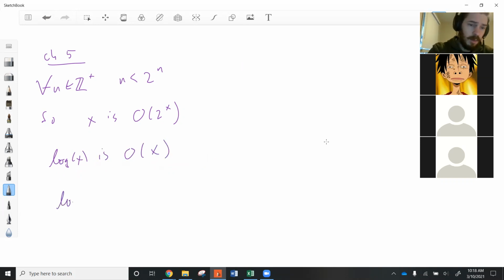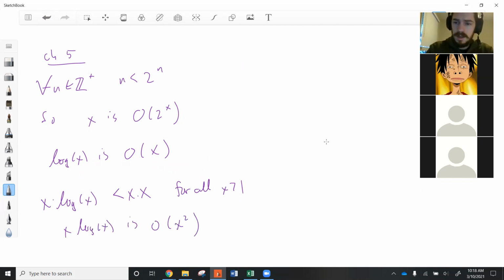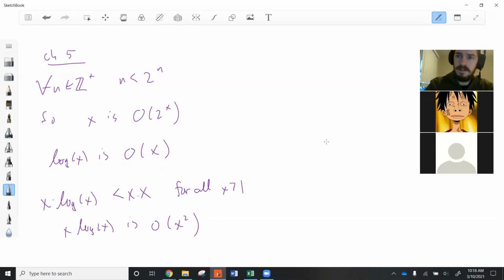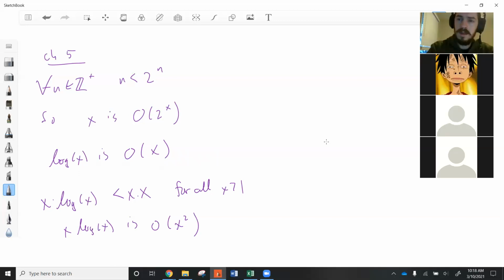And then that's the one we were talking about: you can multiply both sides by x and obtain that x log x is big O of x squared. Does that answer the question you were asking about log? Yeah, it does. Okay.